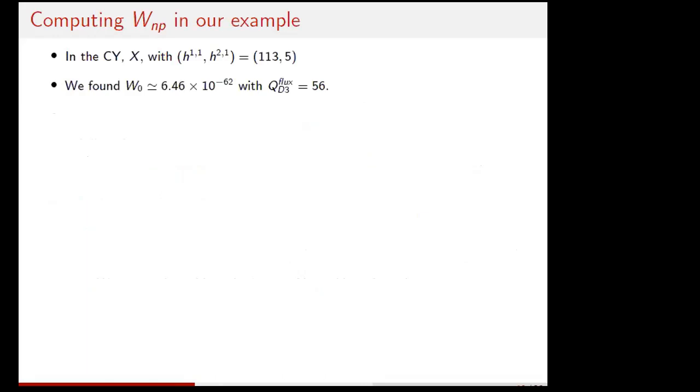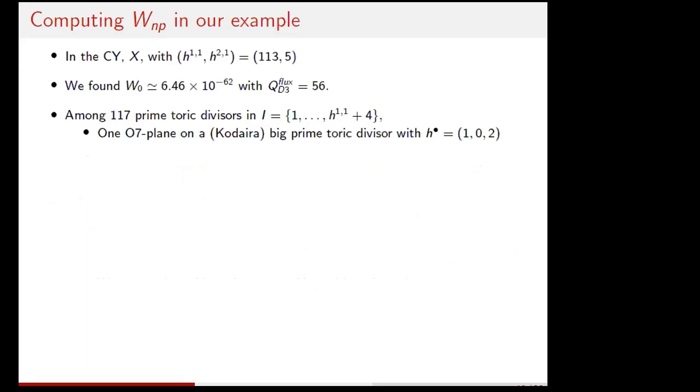So let us go back to the explicit example. We took the Calabi-Yau with W0 as small as 10 to the minus 62, and the flux quanta is 56. In this Calabi-Yau, there are 117 prime toric divisors, and one of the prime toric divisors hosts a 7-plane, and this prime toric divisor is big in a Kodaira sense, and has 2 deformation moduli.